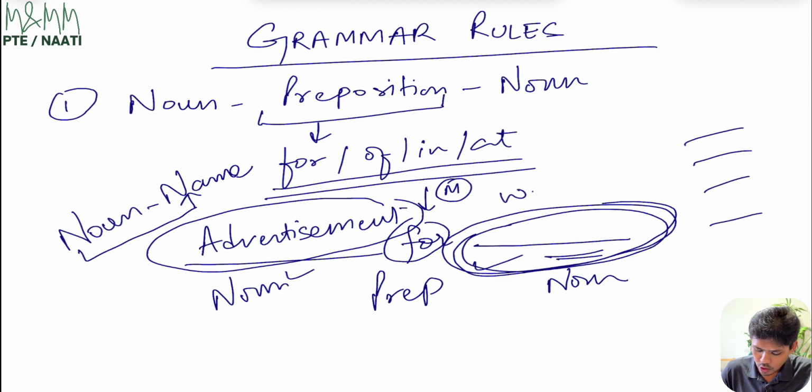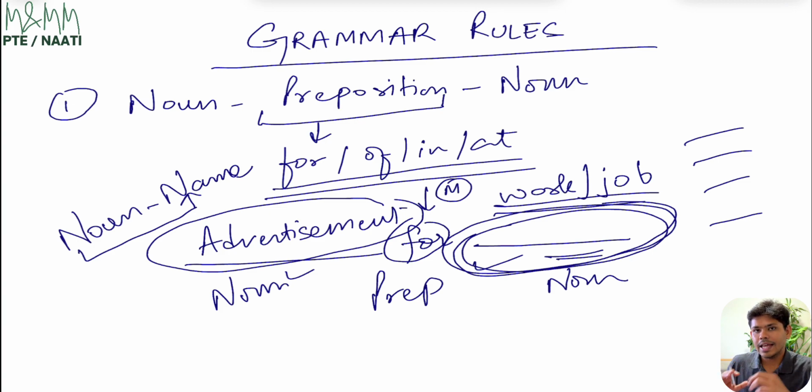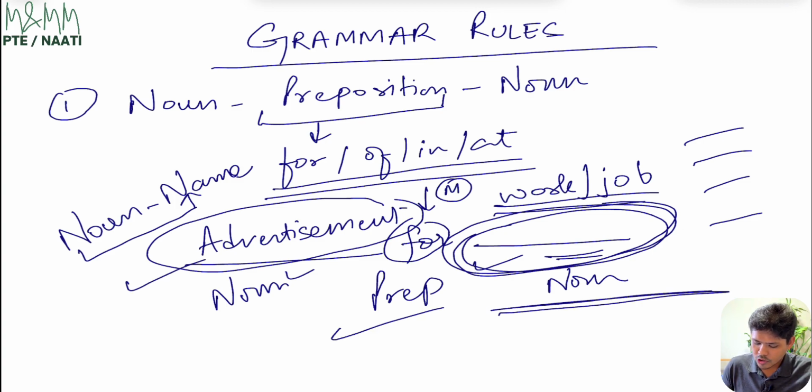Something that says work, job, okay? Anything that relates to these sort of words, work, job, that has to be my answer, because that is a noun, that is the name or title of something. And because I have a noun here, then a preposition, the last word has to be a noun as well.